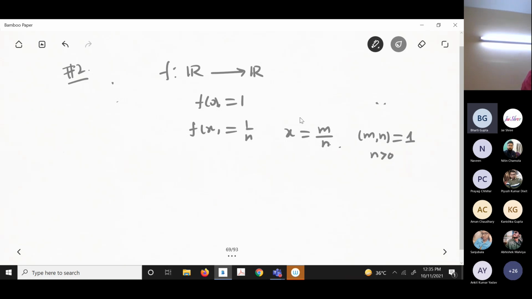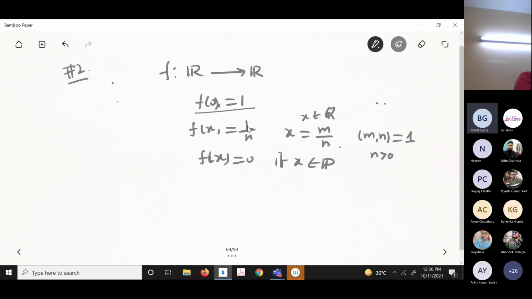When x is rational, then you take this representation, and if x is irrational, you take 0. Here f(0) is a rational number, but I have given it separately so that you don't get confused on that.